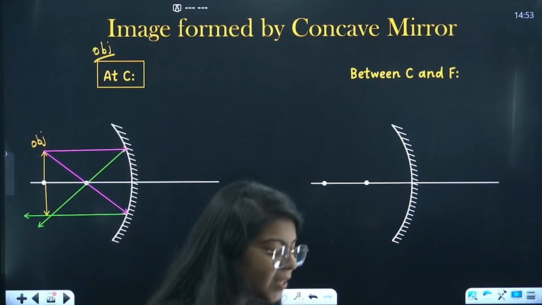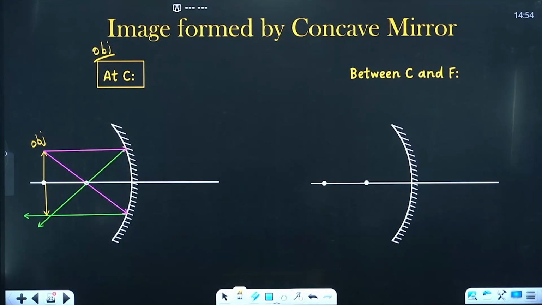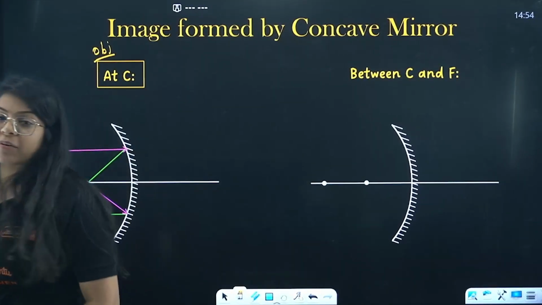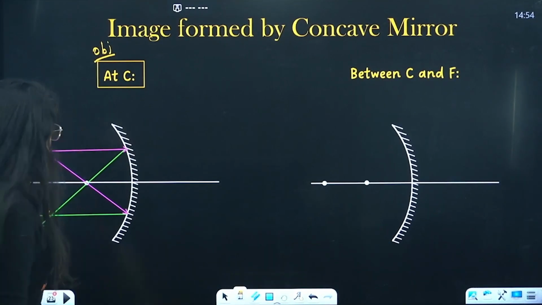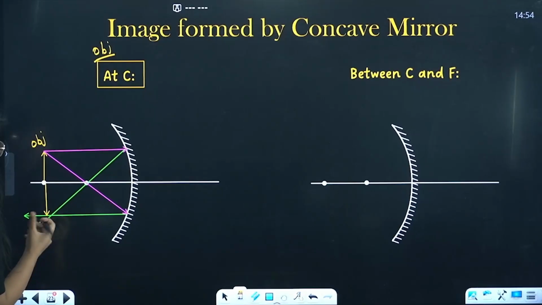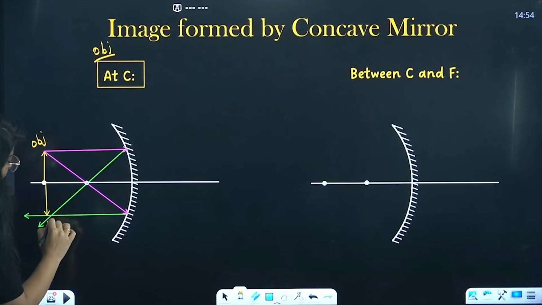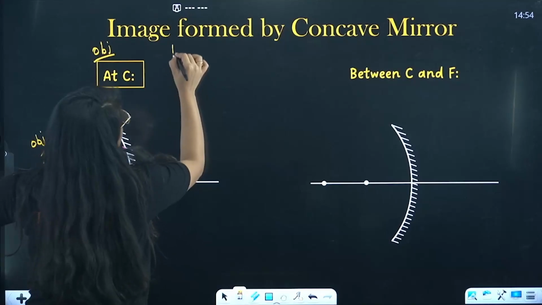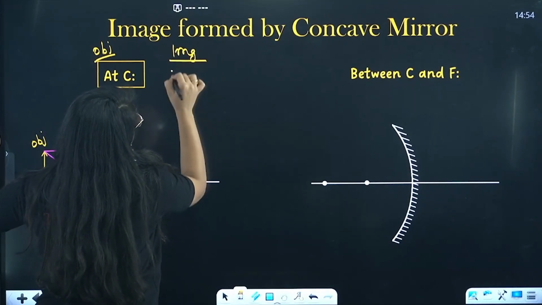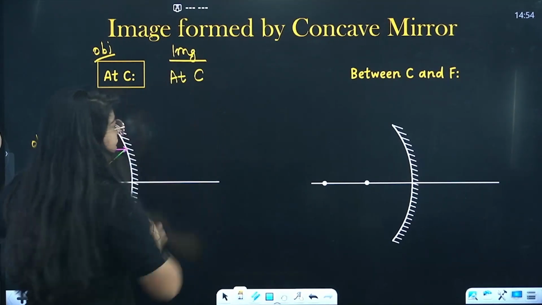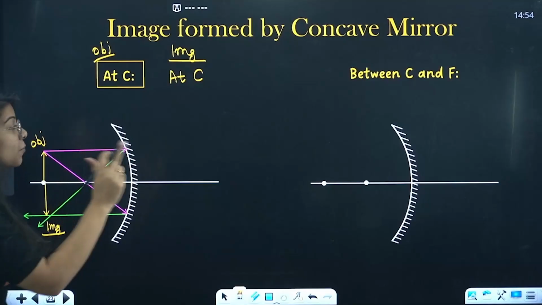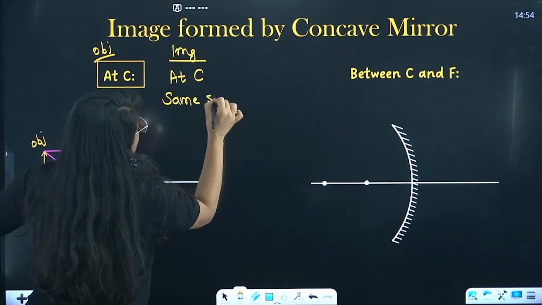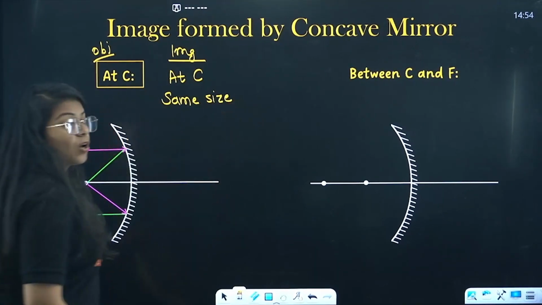But we know that when the object is placed at the center of curvature, the image is also formed at the center of curvature. So this is your object, this is your image. In this case, the image will be of the same size as the object.